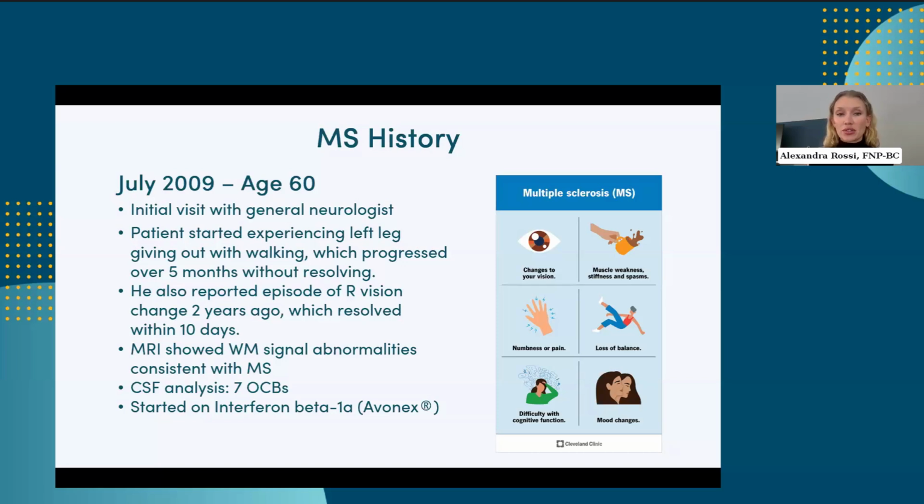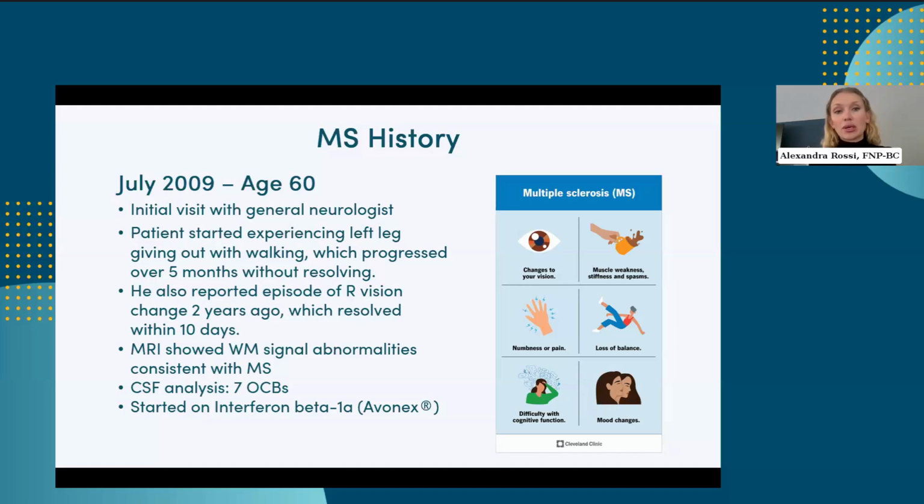So very characteristic of these focal neurologic deficits that start either acutely or subacutely and get worse over time. He also reported an episode of right vision change about 2 years ago, so perhaps this started when he was 58. It resolved within about 10 days. Again, getting worse over time and then resolving.